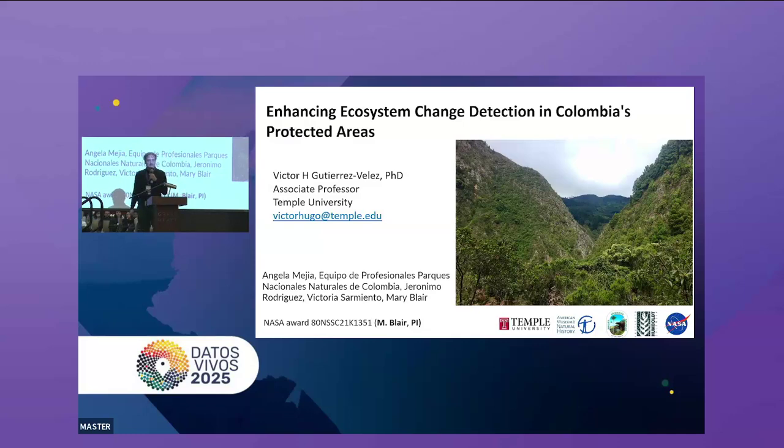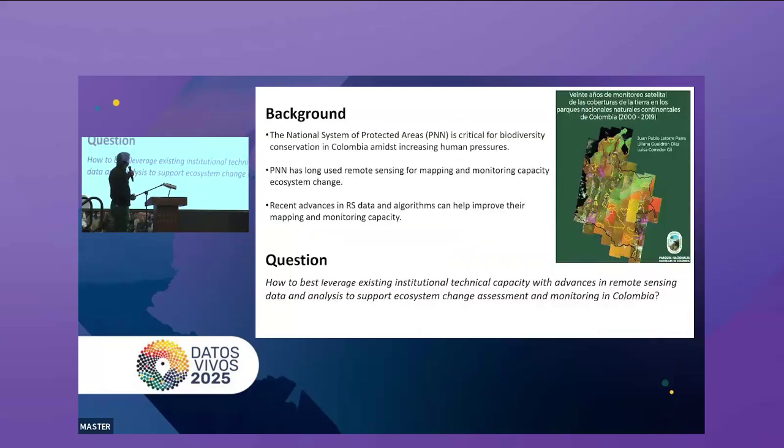This is part of a larger project in collaboration with the American Museum of Natural History, with the purpose of supporting biodiversity decision-making in the national protected areas of Colombia.